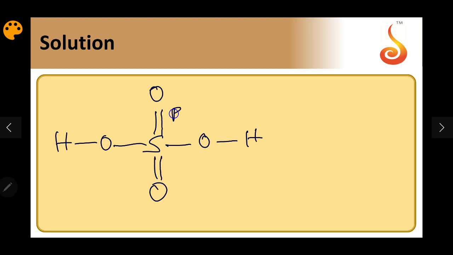This is a P pi D pi bond because sulfur has vacant d orbitals, so it can extend its valency beyond 4, and it uses its d orbital for pi bond formation with the oxygen p orbital. So there is P pi D pi bonding in sulfuric acid between sulfur and oxygen. So option B is also correct.